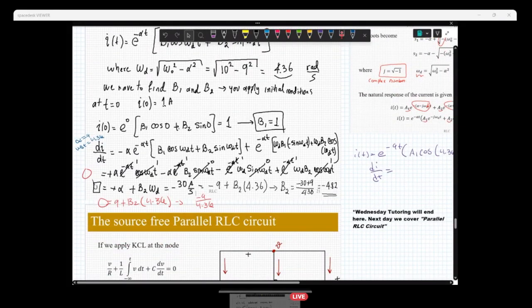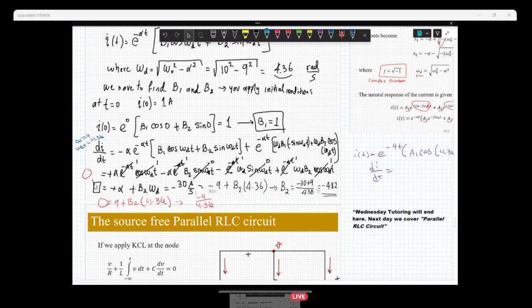I think it's in there somewhere though. Here we go. Can you see my screen or no?